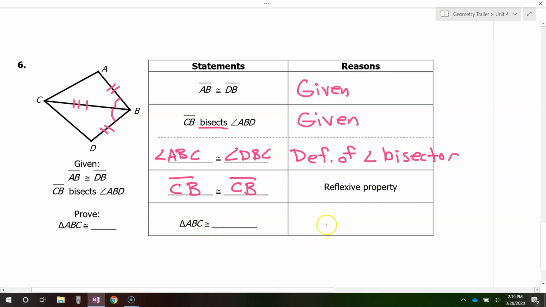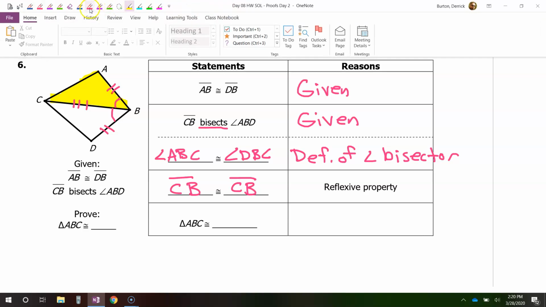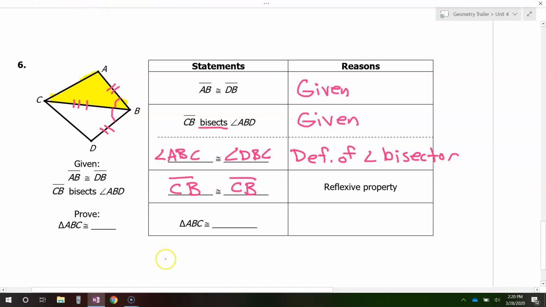Now this should be enough information for us to prove that the triangles are congruent. Now, which one of those properties are we going to use? If you look at one triangle at a time, let's color this triangle yellow for a minute. Okay, what information do we have in this yellow triangle? We have two sides and an angle. Technically, when you have two sides and an angle, there are three possible things that could be happening.